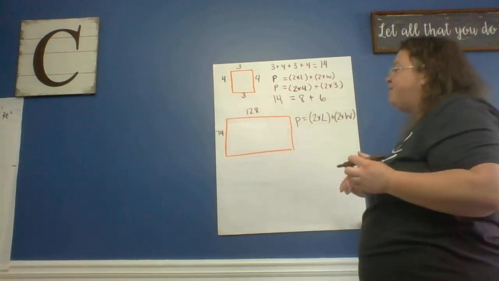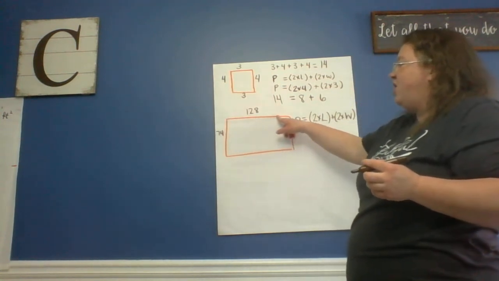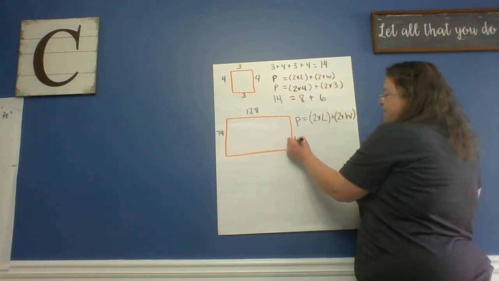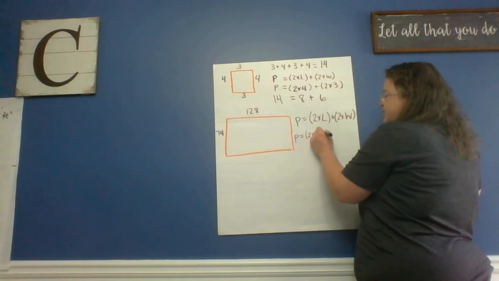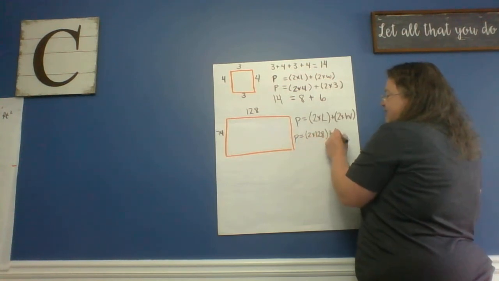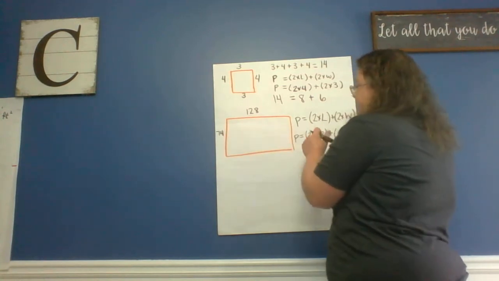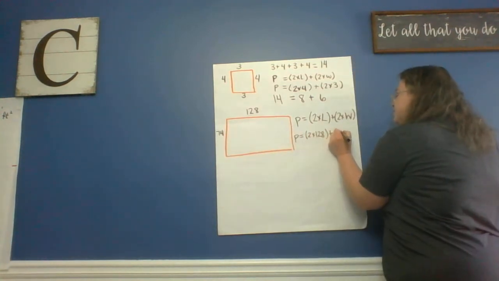Okay? So my length is 128 feet. So my perimeter equals 2 times 128 plus 2 times my width for the two sides. So 2 times 74.